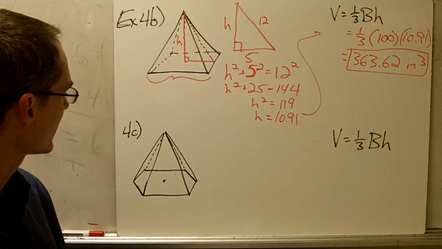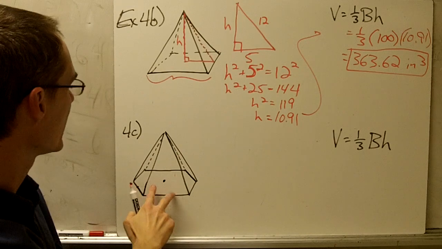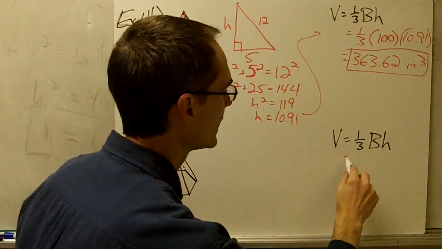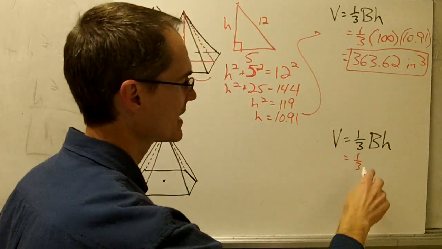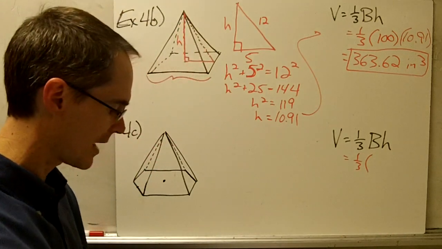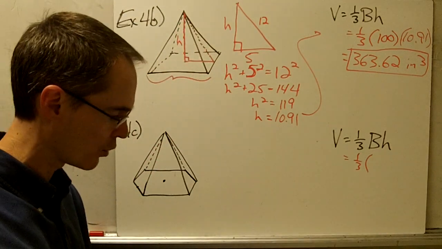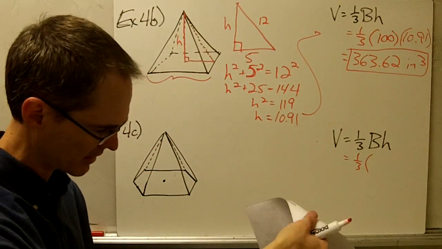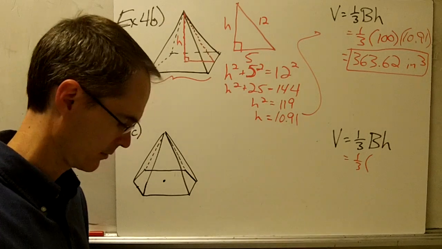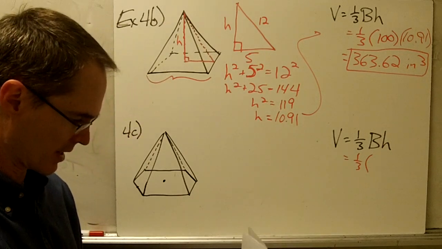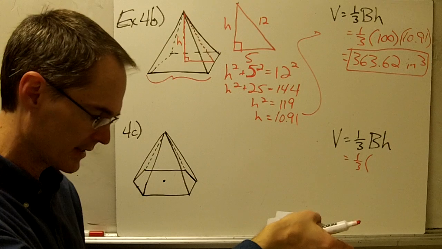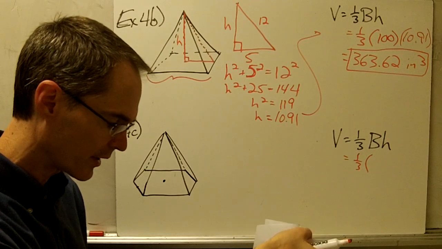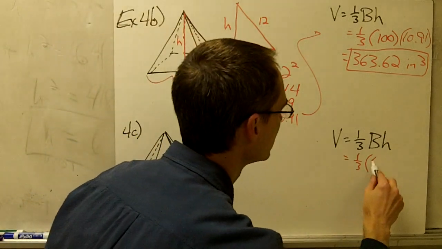Okay, finally, I want to calculate the volume of my hexagonal pyramid. Again, I've already calculated the base area. I did that back in example number 1. What's the base area for my hexagonal pyramid? 64.95.